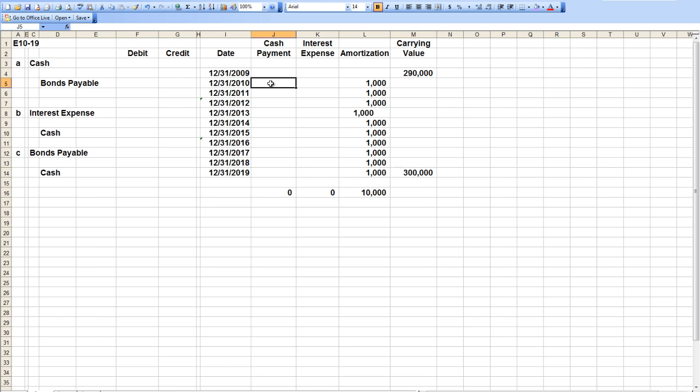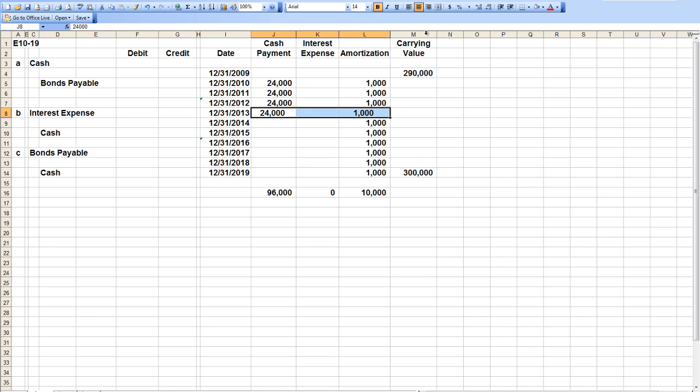Now, cash payments, there's nothing we can do about these amounts absent buying bonds back once the bonds are sold. So these bonds are sold and they have a face value of $300,000. They have an 8% stated rate, so we're going to have $24,000 as our cash payment every year.